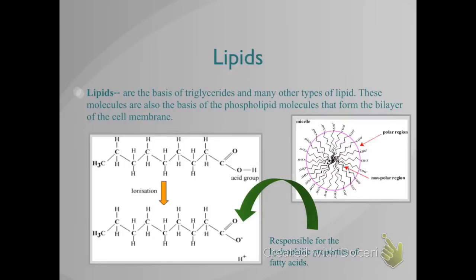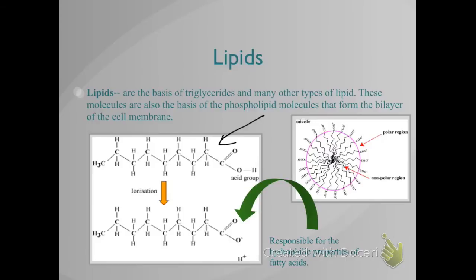And then lastly we have lipids or fats. Lipids are very, very large molecules composed primarily of a carbon-hydrogen chain, as you can see here. The carbon-hydrogen chain can be very, very long or a little bit shorter.